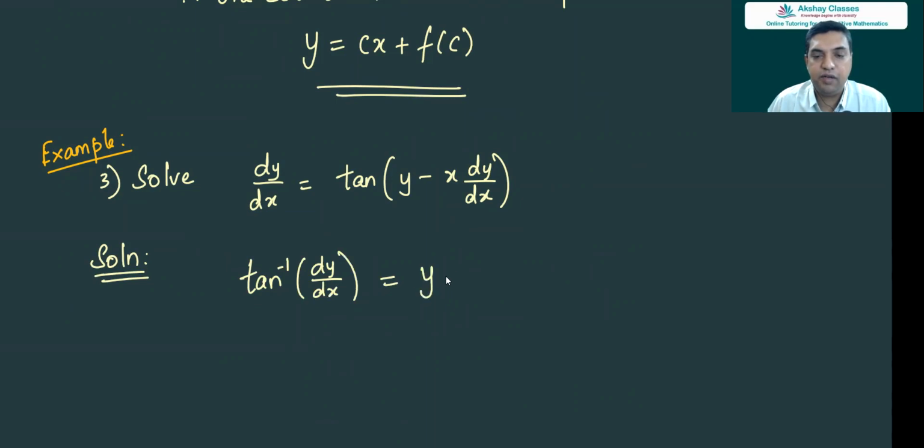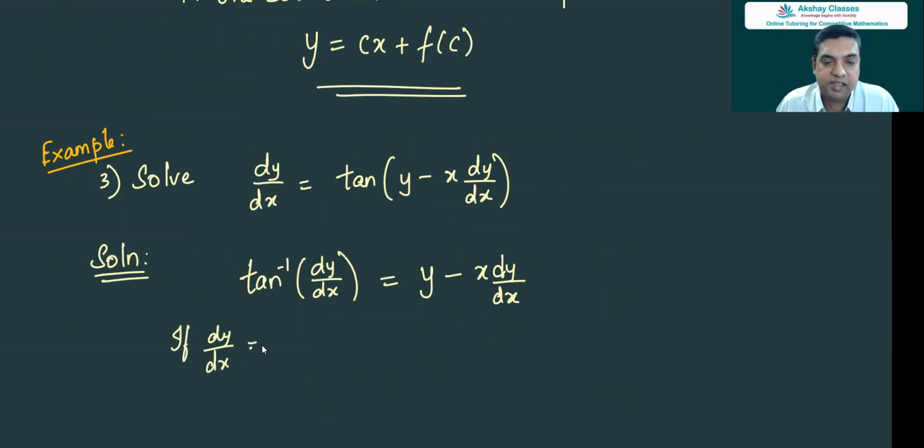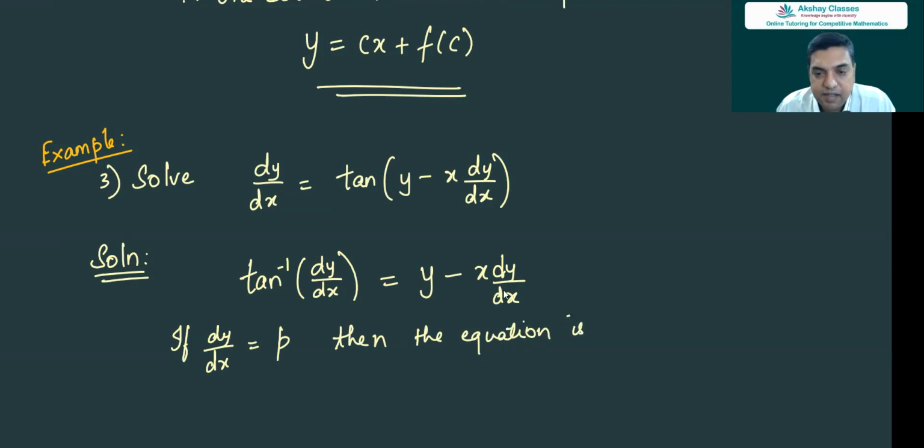Now you get dy by dx equals y minus x dy by dx. So if dy by dx is equal to p, then take this px to the other side, y is equal to px plus tan inverse p.